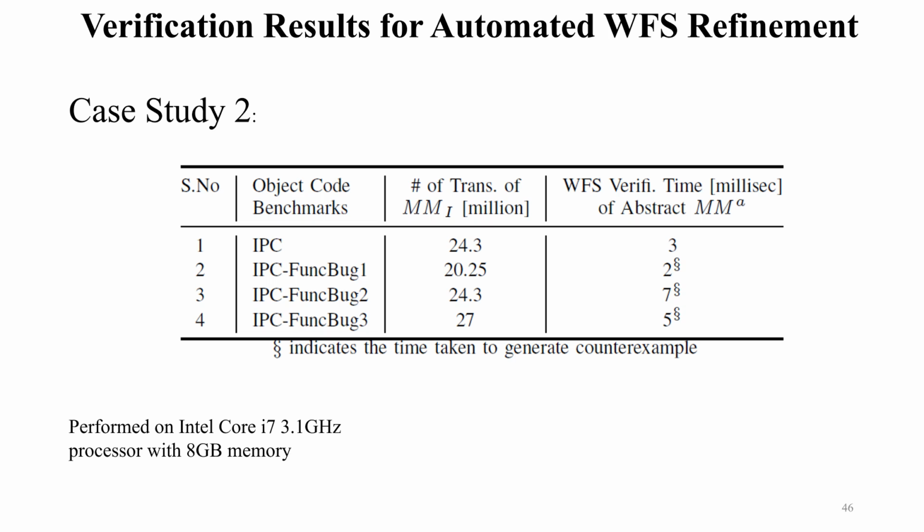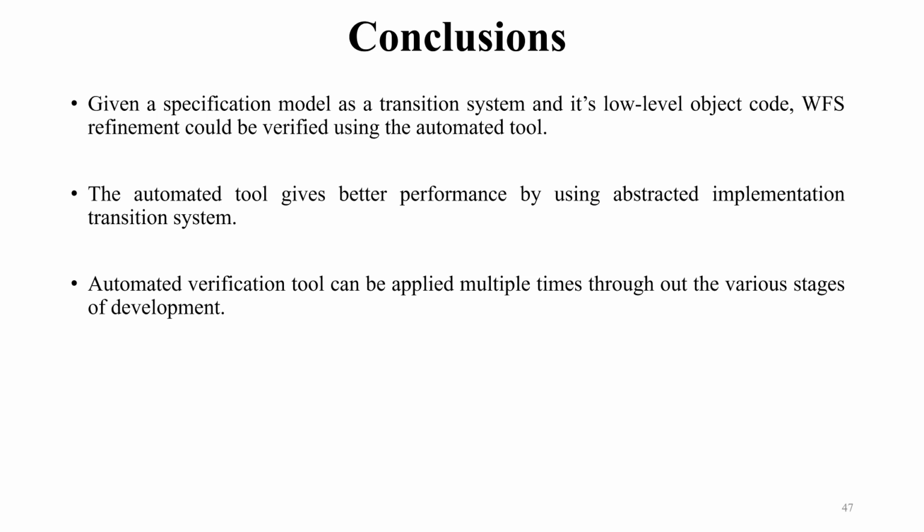Here also we have shown that if there was a bug present in the pump's control program, you can still find it, and the time it has taken to show the buggy model is still very less, which is in milliseconds.